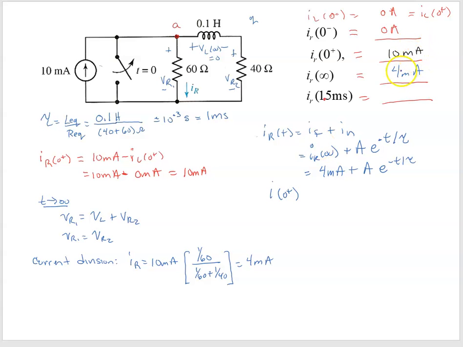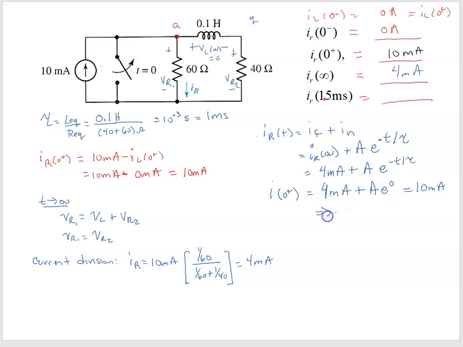So our 0 plus current through that resistor is equal to 10 milliamps. So we have 4 milliamp plus A e to the 0, which equals 10 milliamp.